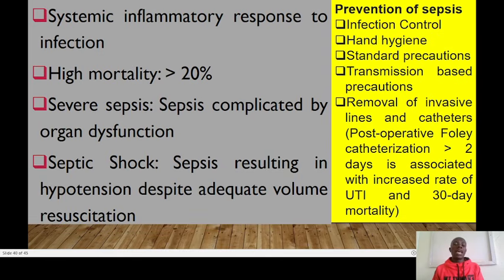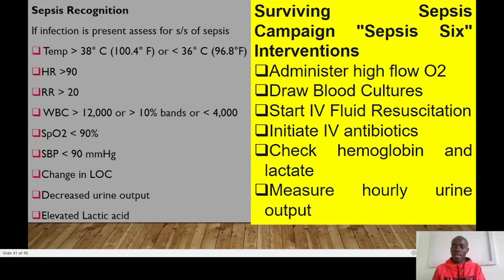Infection control, hand hygiene, standard precautions, okay? A link will be popping up on the isolation precaution and transmission-based precaution. So removal of catheter lines and catheters, postoperative Foley catheterization for more than days is associated with increased rate of UTI and 30-day mortality, okay?